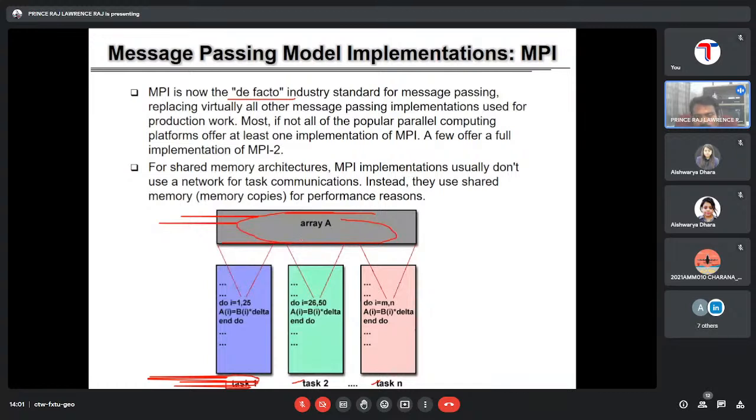For example, first to 25 calculations will be done by the first processor, 26 to 50 by the second processor, and 51 to 75 by the third processor. Likewise, as many processors as you want, you can make. So a single array calculation will be done by different processors. This is how it works.